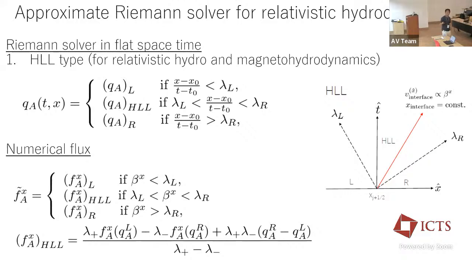So for the HLL solver in curved spacetime, we need to take this shift vector information into account in the numerical flux. For example, if the left propagating wave speed lambda L is greater than the drag velocity, in this case, okay.